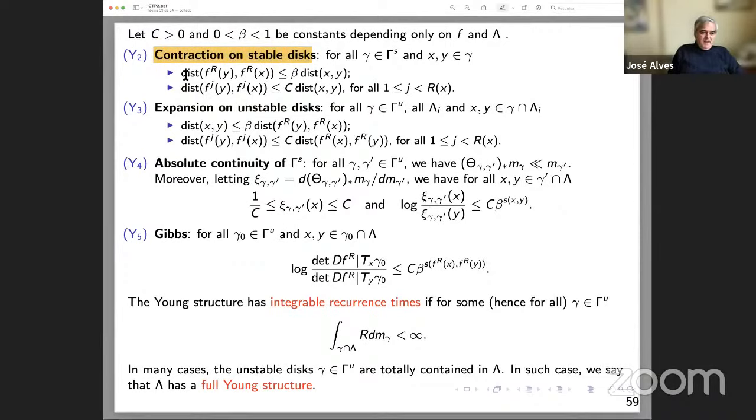So we have contraction. See that I'm taking these constants C and beta as uniform constants, which we take from the very beginning. The condition is that when we return, we have a good contraction, contracting by a uniform constant.